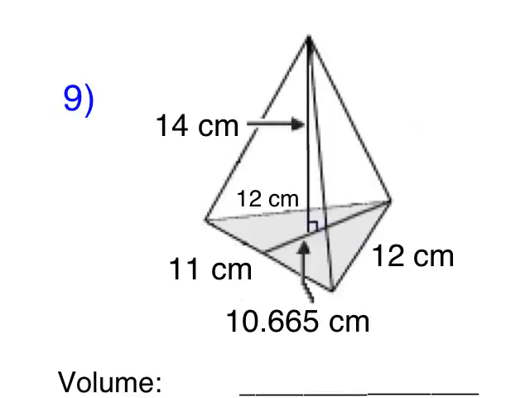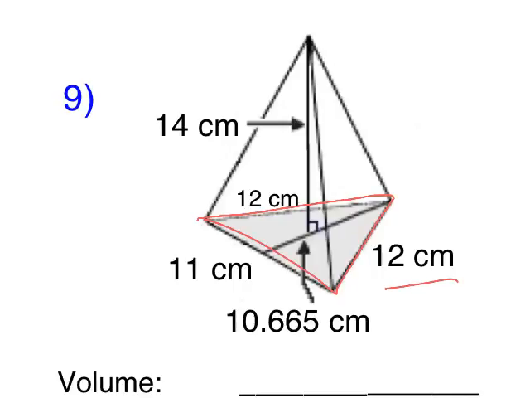Now number 9 might appear to be like a challenge. It's really not difficult if you take the time and actually analyze the shape that we're working with. So as you can see, we're working with a triangular pyramid. So we're going to look at this bottom triangle. This is going to be our base, right? And then we have several dimensions.